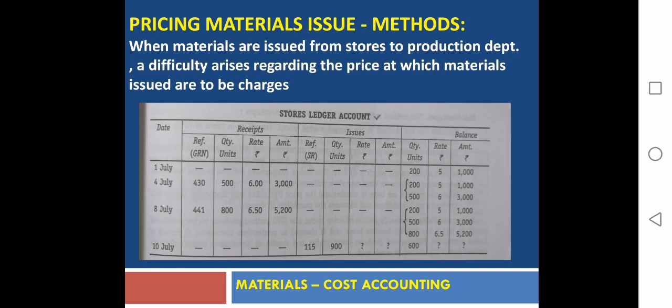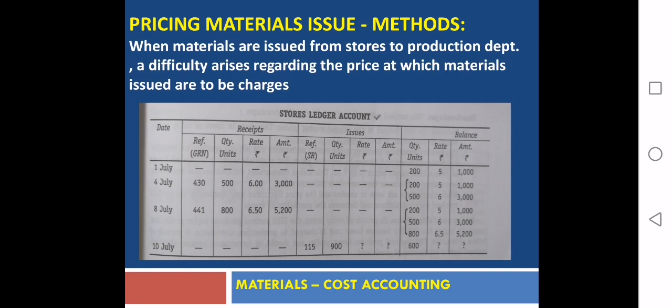These are the different questions in our mind. This also leads to the balancing rate as well as the amount of the 600 units which are in the stock.